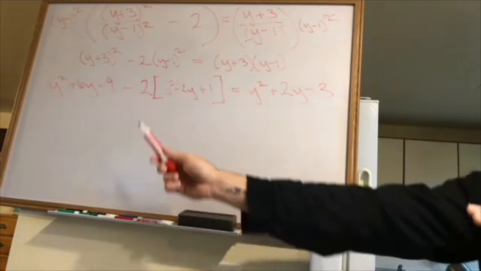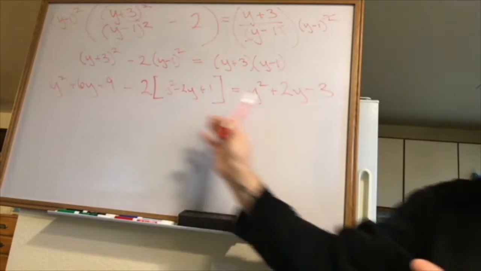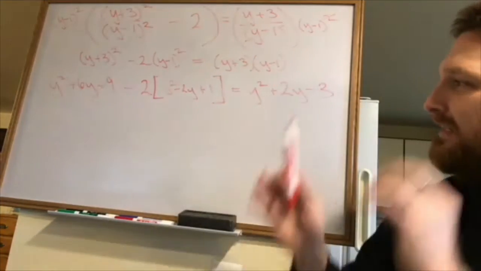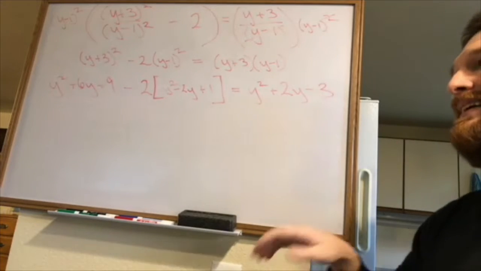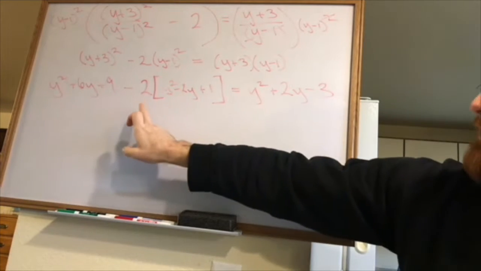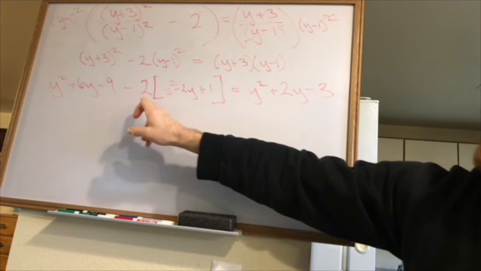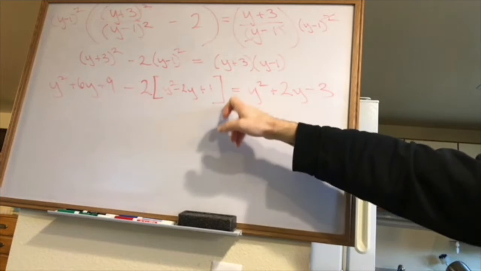So I need to get all the terms on one side. But right now we don't have just pure terms. We've got to distribute this -2 into this mess and see what we get.